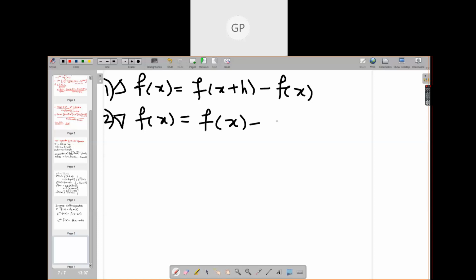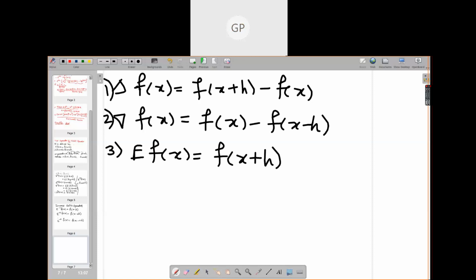It is f(x) minus f of x minus h. Third, E f(x), the shift operator, that is f of x plus h, and the inverse shift operator, that is f of x minus h. These 4 operators are very important.